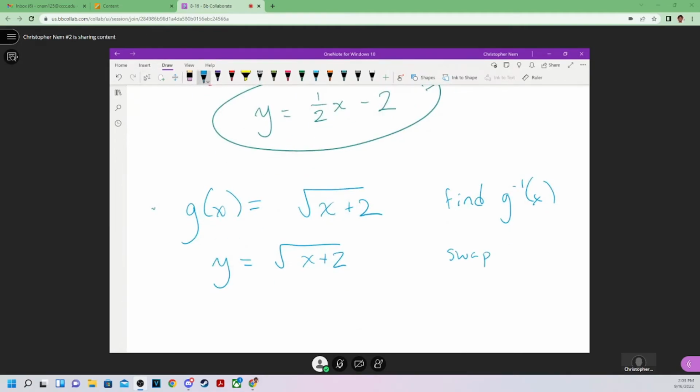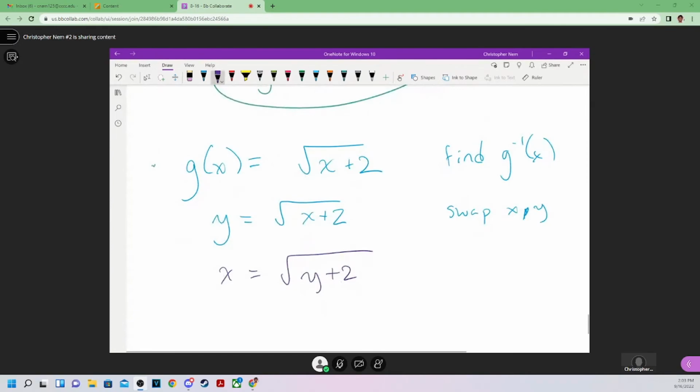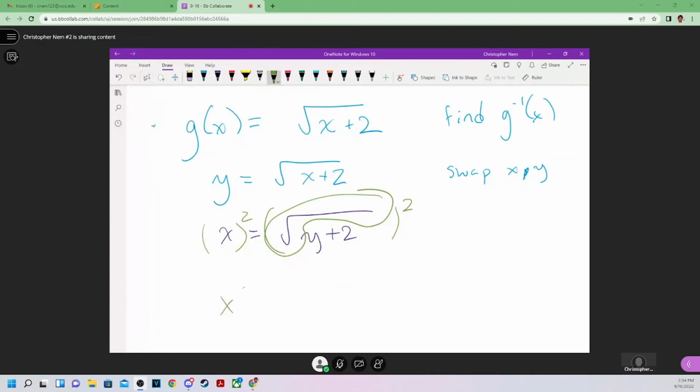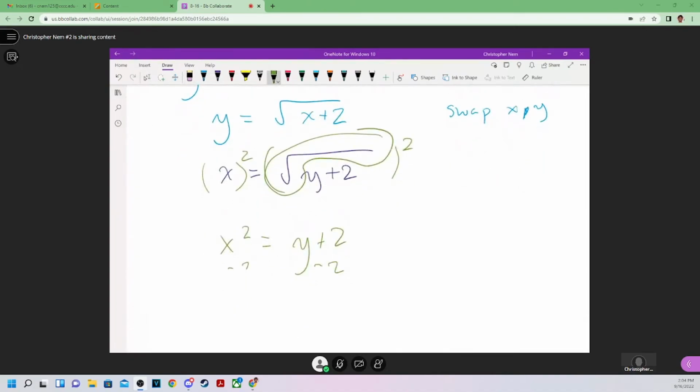So I get x is equal to the square root of y plus 2. To solve for y, to get it by itself, I have to get rid of this square root, which means I've got to square both sides. So I get x squared is equal to y plus 2. Subtract 2 from both sides. I get x squared minus 2 equals y.